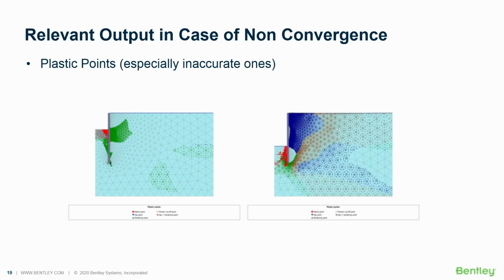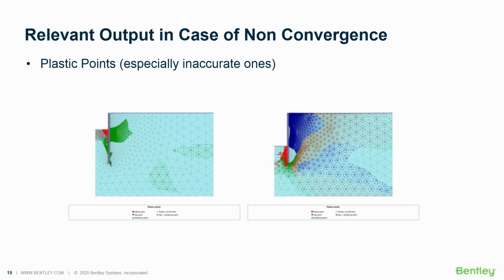When you look at the first, the left-hand side, you see a lot of tension cutoff points developing at the excavation bottom, which means tension. So most likely here, the soil is failing in tension, due to the fact that the water pressure inside the soil is too large compared to what the soil can sustain, compared to the weight of the soil.